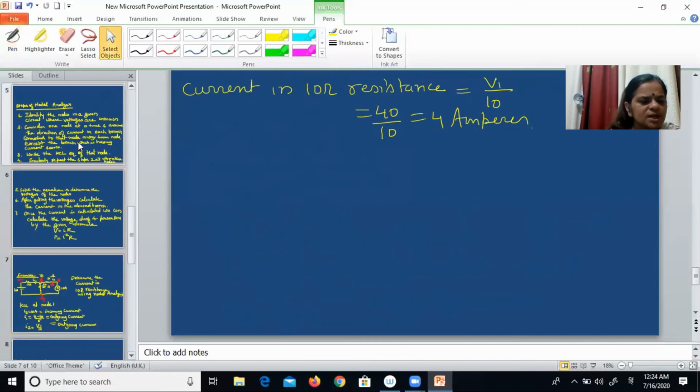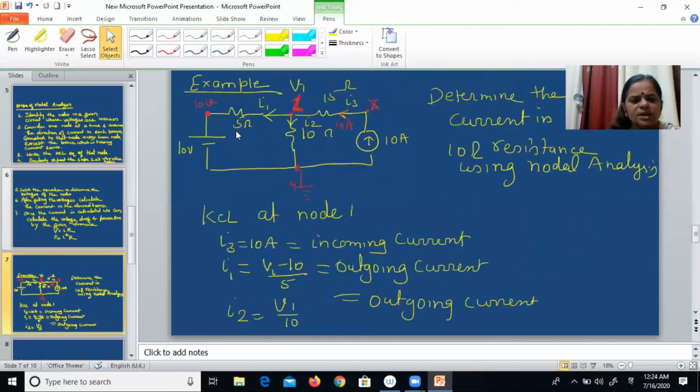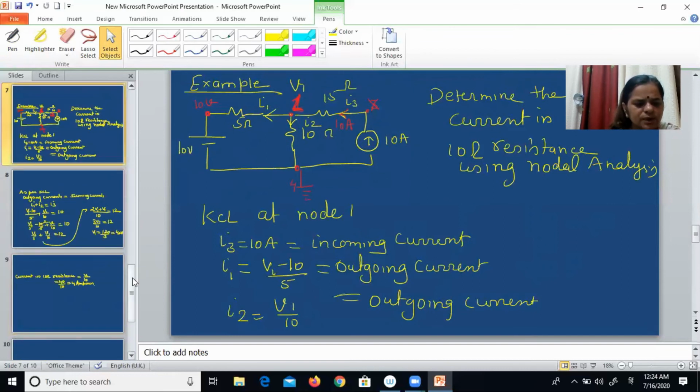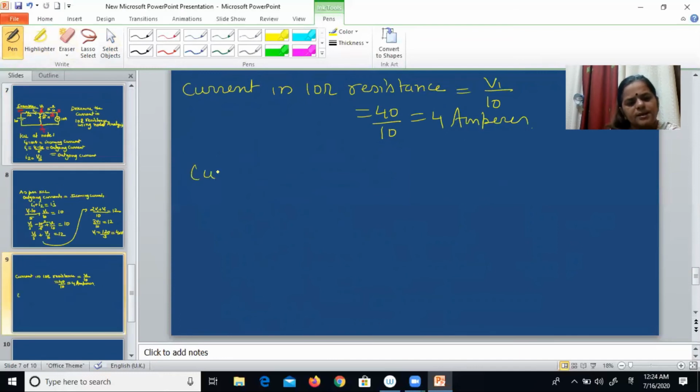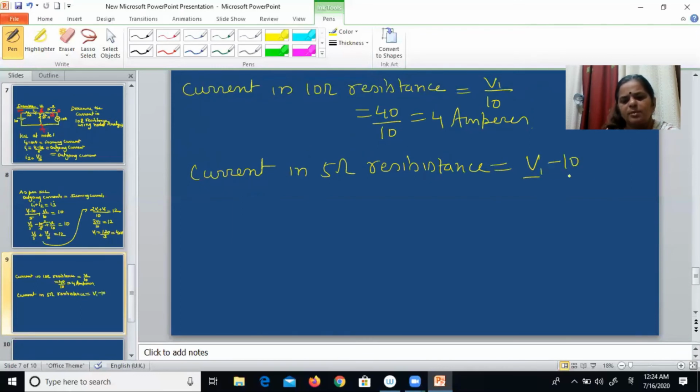Suppose the question is determine the current in this 5 ohm resistance. So that will be V1 minus 10 by 5. So 40 minus 10 by 5 means 30 by 5, means 6 ampere will be your answer.